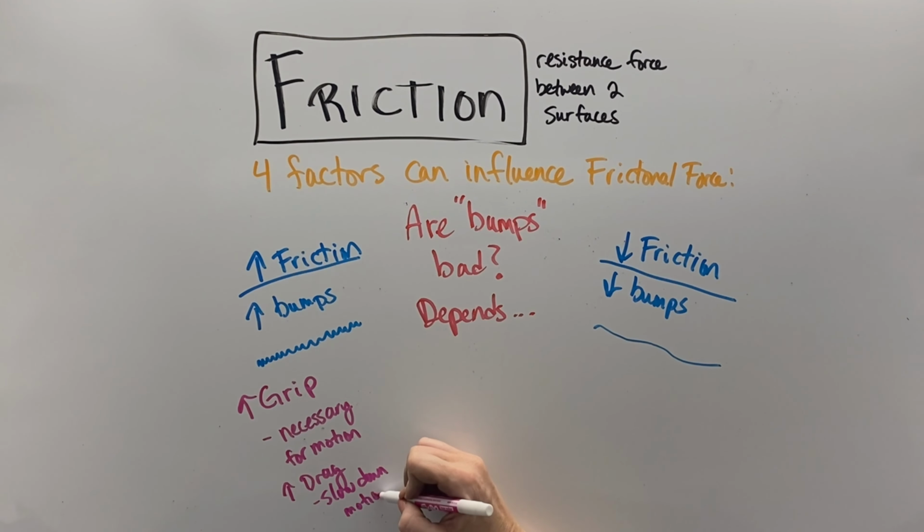So grip isn't all bad, but sometimes those bumps can slow you down. Like if you're trying to pull something across the grass, it just doesn't pull very easily. Now, decreasing grip makes things slippery, which is cool if you're going down the slide, right? We want things to move and slide easily. Or if I wanted to slide across the floor, my grippy shoes aren't going to do me much good for that.